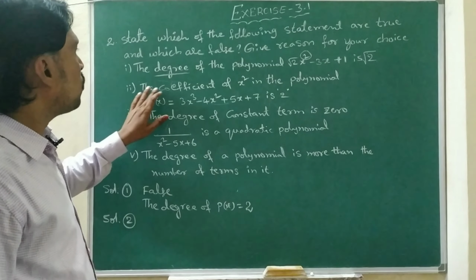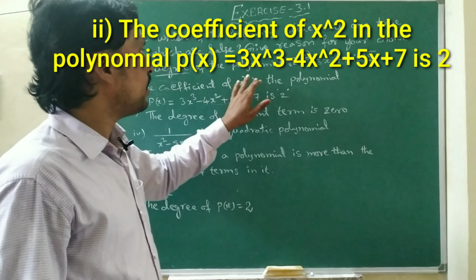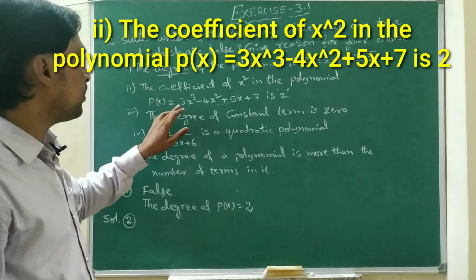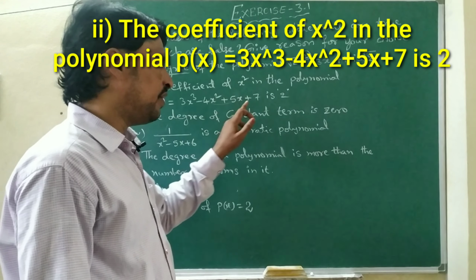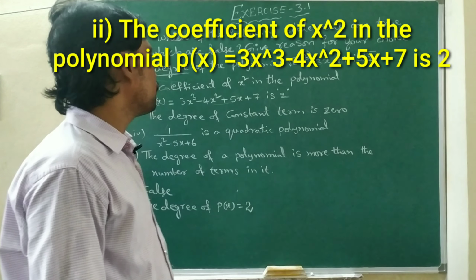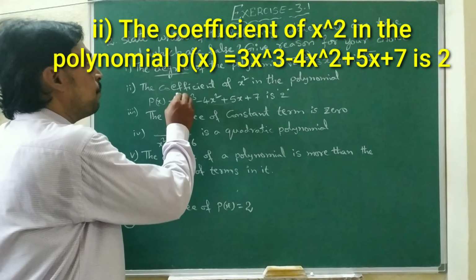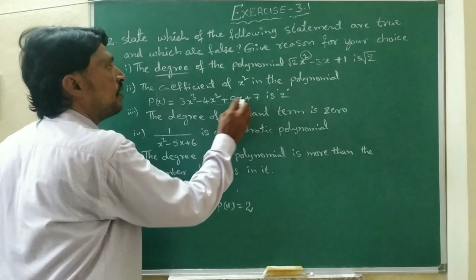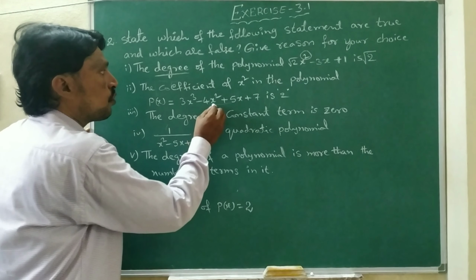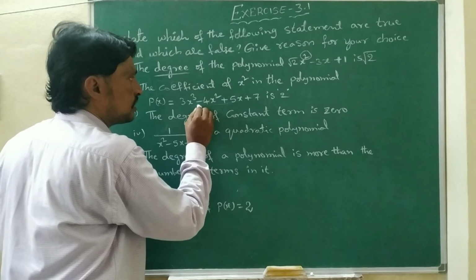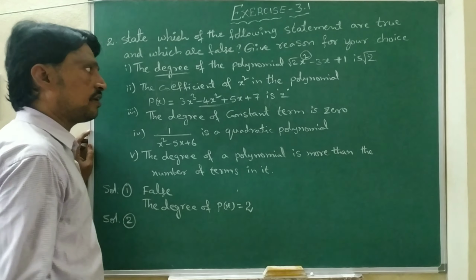Next, the coefficient of x square in the polynomial P of x equals 3x cube minus 4x square plus 5x plus 7 is 2. So in the polynomial we need to find the coefficient of x square. First we need to check the x square term.